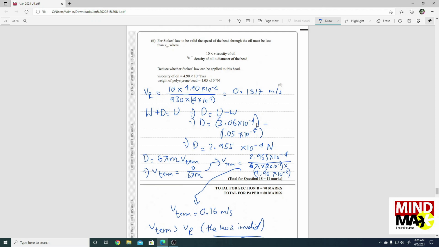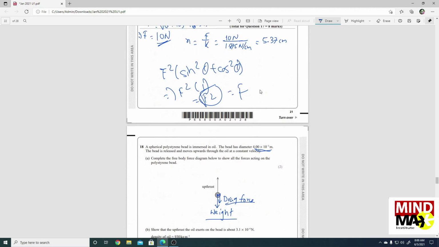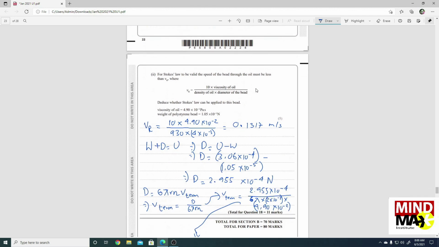Last question of this paper, they're telling us this formula is given to find VR, which is a critical value, which is a reference value. First we find VR, using the formula 10 times the viscosity of oil, which is given, 4.90 times 10 to the power minus 2, divided by density of oil, which we know from the question, 930. Diameter of the bead, that is something we also know from the question, 4 times 10 to the power minus 3 meters.